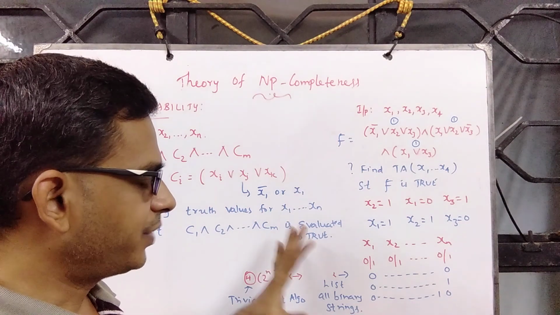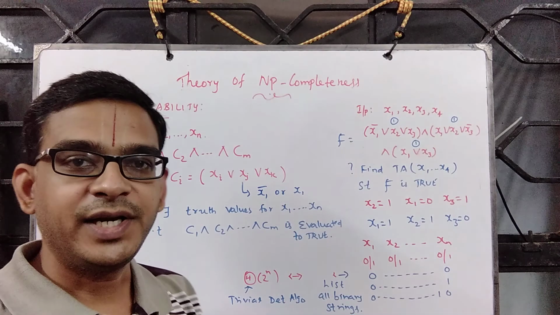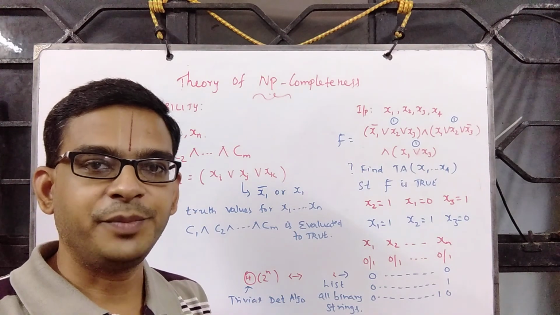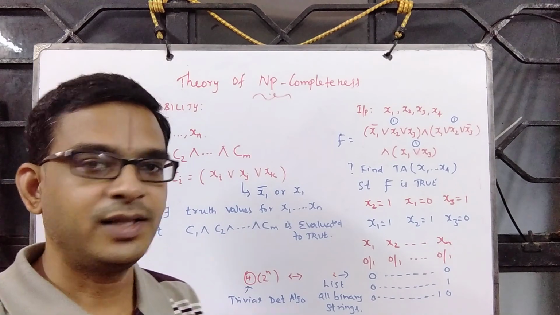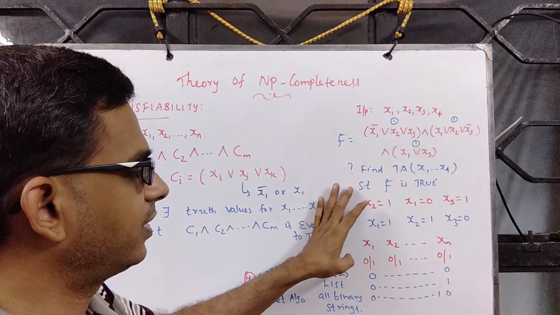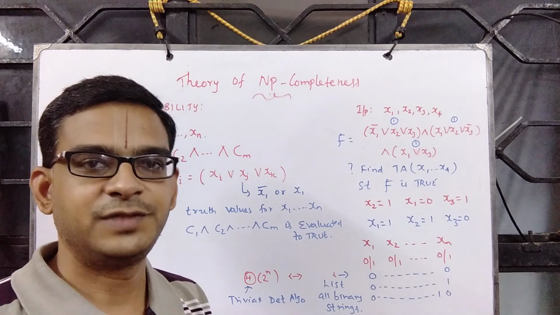This problem is so interesting for two reasons. One, you can relate every problem in NP to this problem. And another one, this has a reduction to the clique problem, which we shall see next.